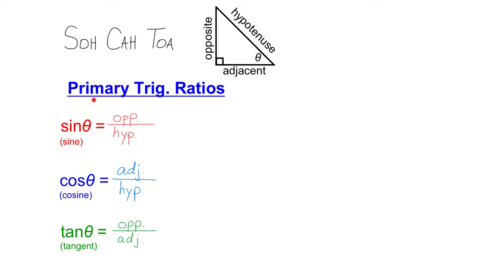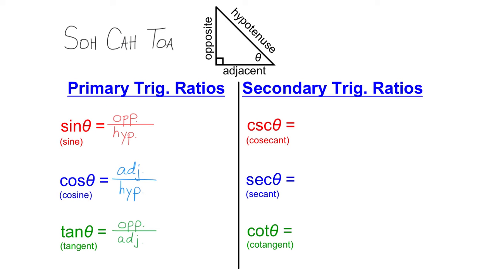Now I call these the primary trigonometric ratios, but mathematicians will also talk about the secondary trigonometric ratios, which are the cosecant, the secant, and the cotangent. Now these secondary trigonometric ratios are also called reciprocal trig ratios, and this is why. Compare sine with cosecant, they're reciprocals.